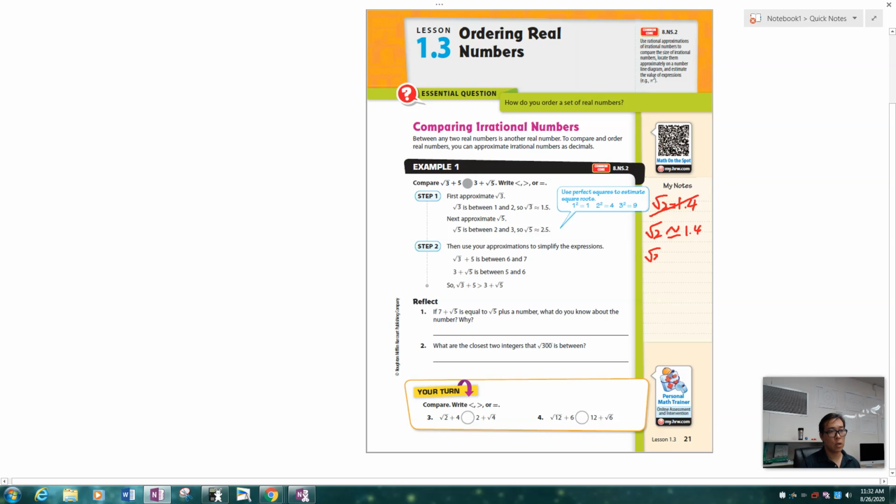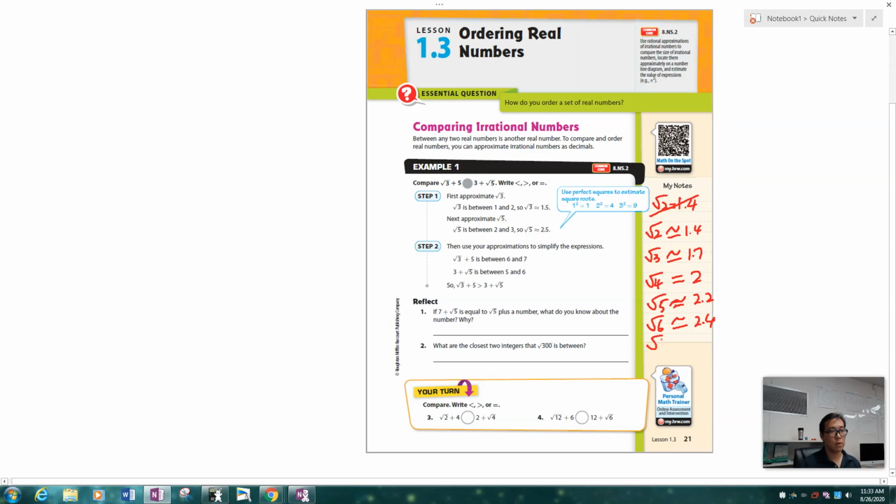The square root of 3 was approximately equal to 1.7. Square root of 4 is 2. Therefore, square root of 4 is equal to 2. Notice they're equal to, and square root of 5 is approximately equal to 2.2, and square root of 6 is approximately equal to 2.4.